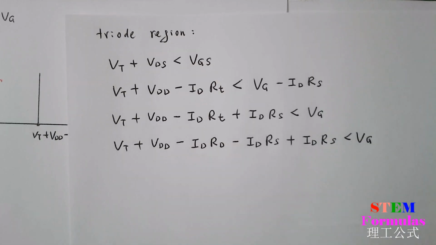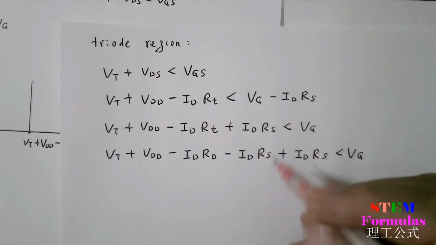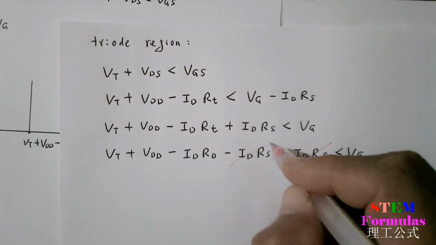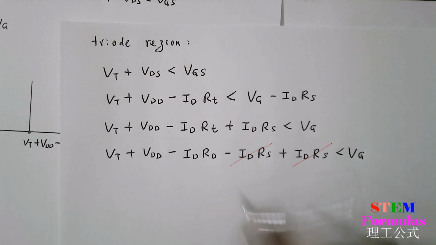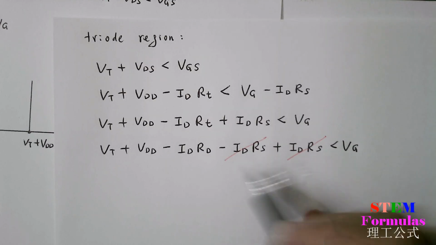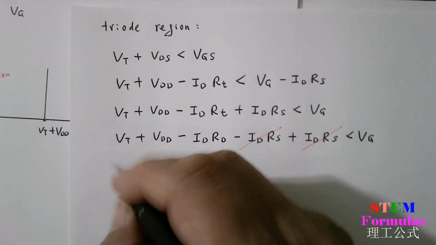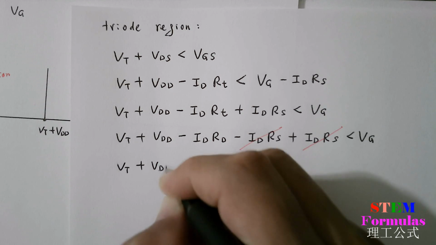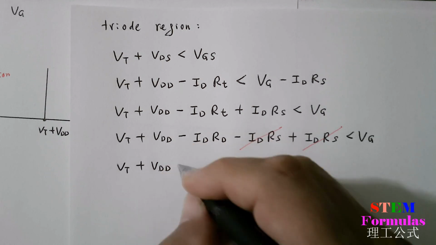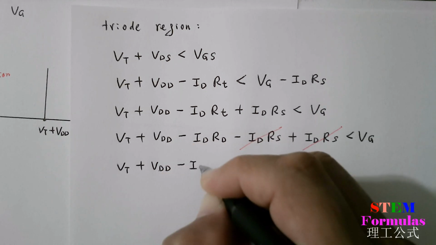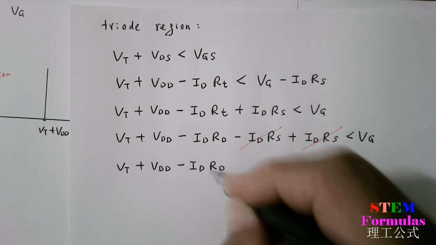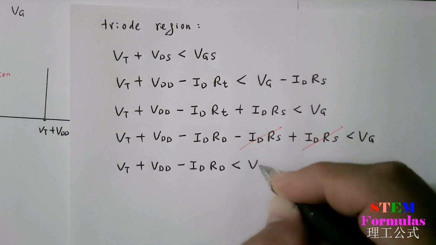So the Id Rs terms cancel out. So I have Vt plus Vdd minus Id Rd smaller than Vg.